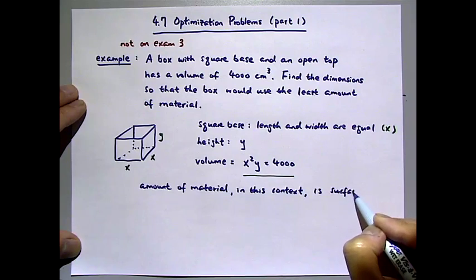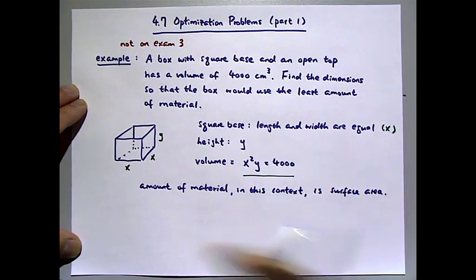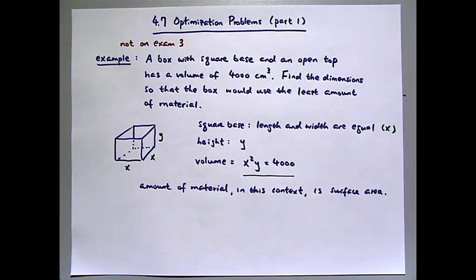If you're trying to make this box out of, say, cardboard or a sheet of metal, whatever the material is, if you want to use the least amount of material, then regardless of the material, it would mean to minimize the surface area of that box. This box has 5 faces, 4 around and 1 at the bottom. You add all of those together, that's the amount of material that's required. And that's what we're trying to minimize.